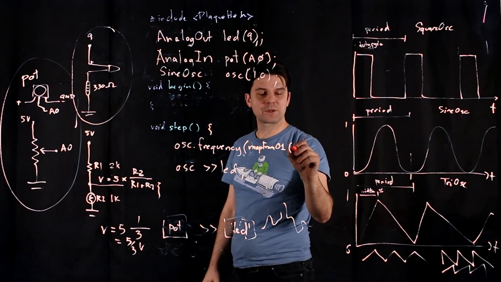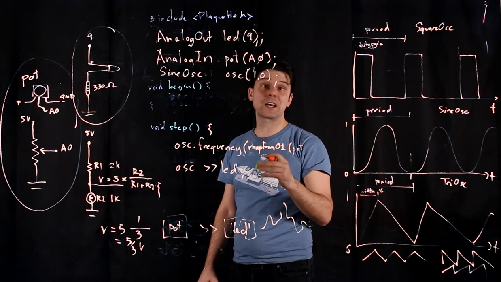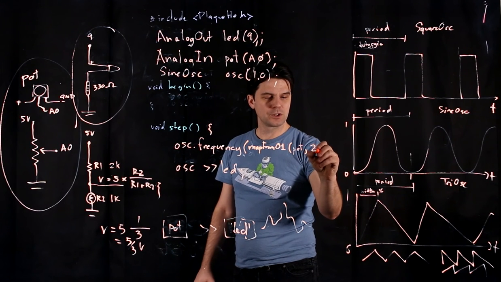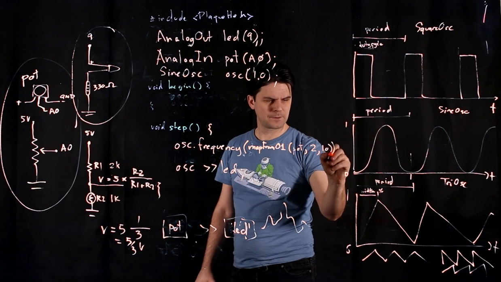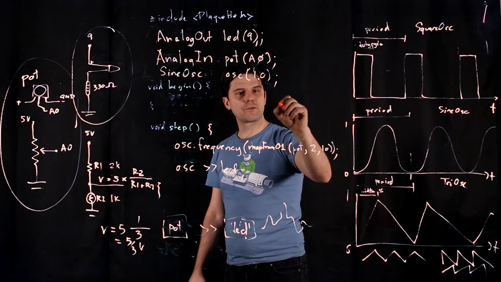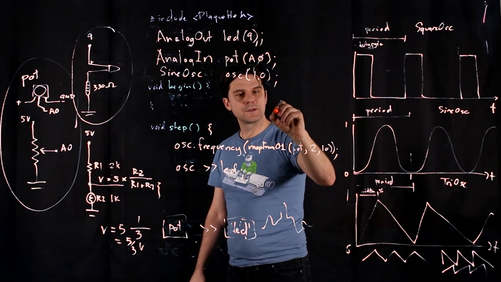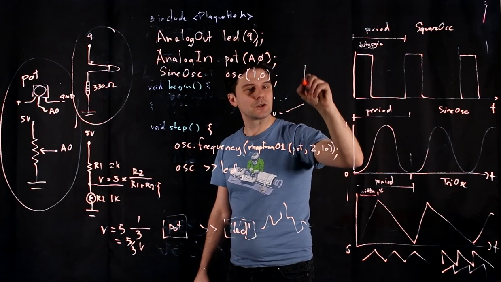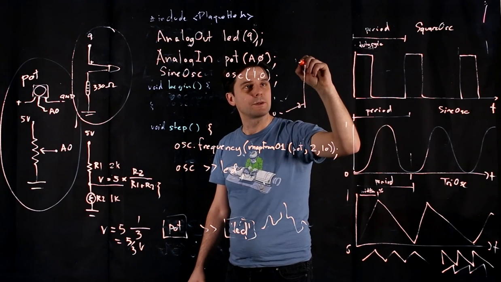So I map from 0, 1 with my potentiometer value. That one is always between 0 and 1. And I'll remap it to 2 and 10. So we go from a range of 0 to 1, and we change that range into a new range of 2 to 10.